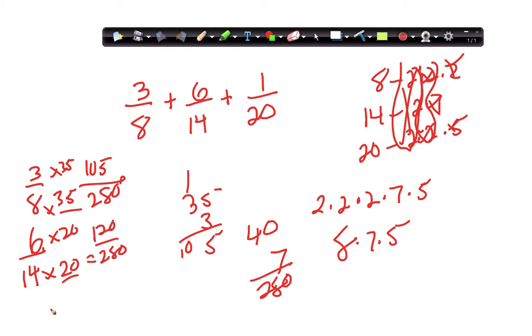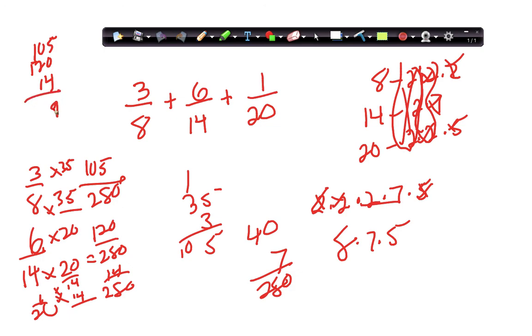It's 120. And then finally 1/20 times something is 280. 20 is 2 times 2 times 5, so I know it's going to be times 14. So times 14, 1 times 14 is 14/280. So we do 105 plus 120 plus 14 is 239.